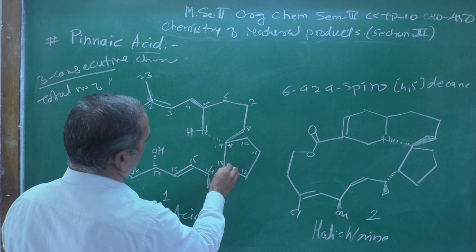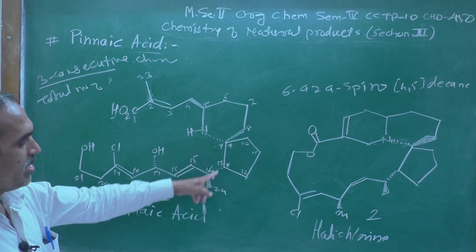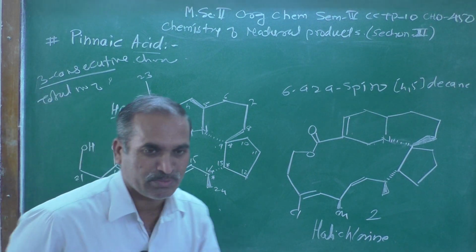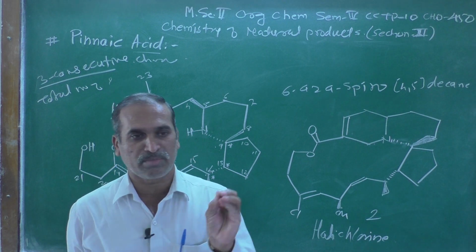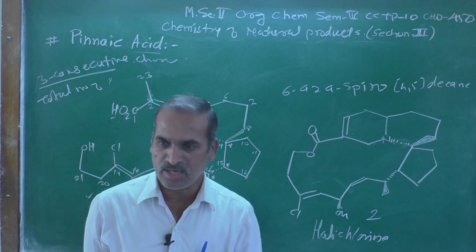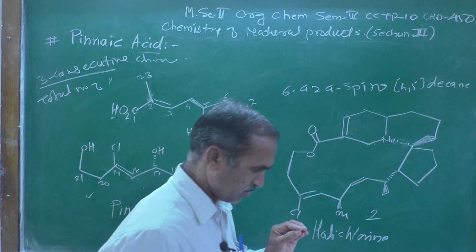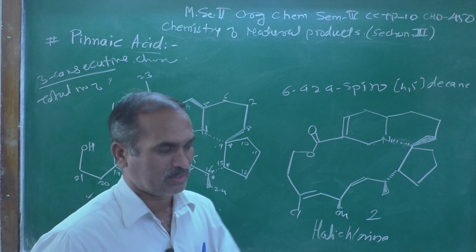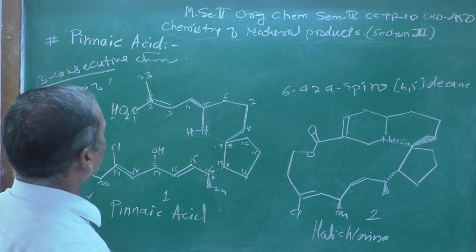Now I am labeling them by giving stars. Look, they are continuous chiral centers, and as we know, chiral center means what? A carbon atom carrying 4 different groups is known as a chiral center, and such compounds are generally optically active in nature, and this is one of the properties of these natural compounds.